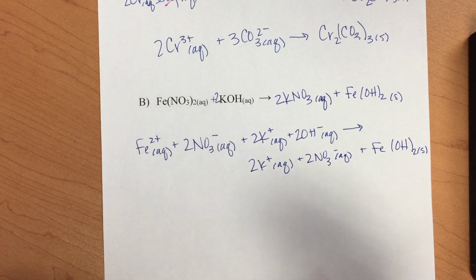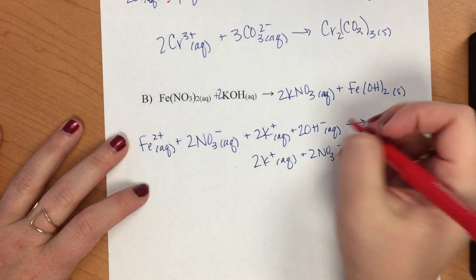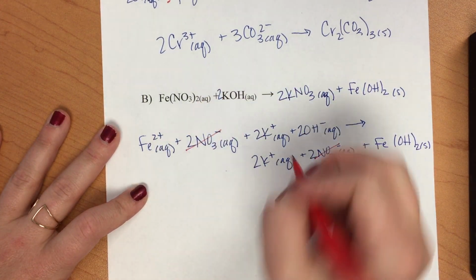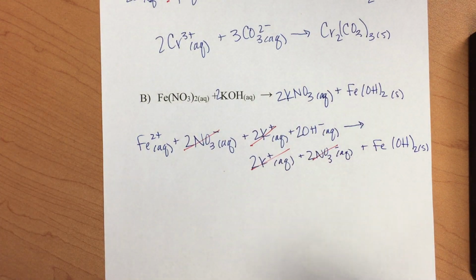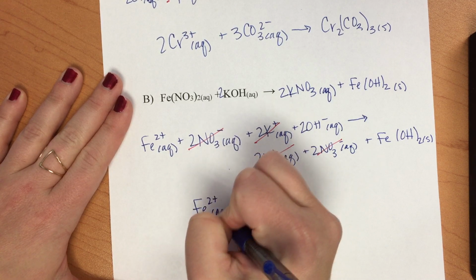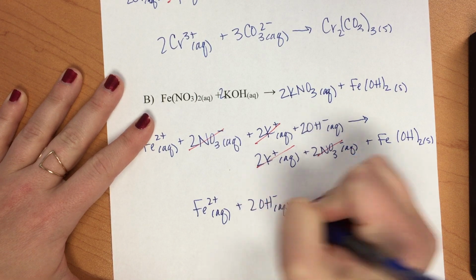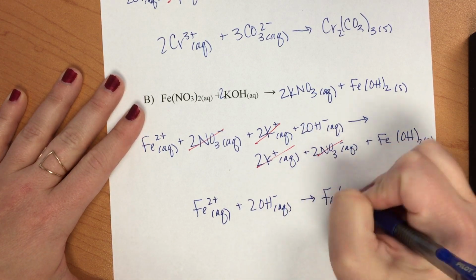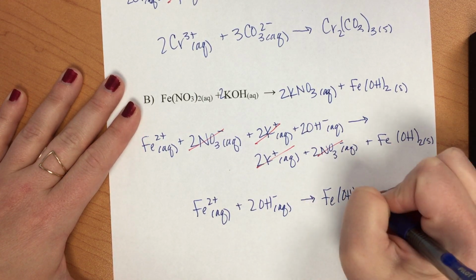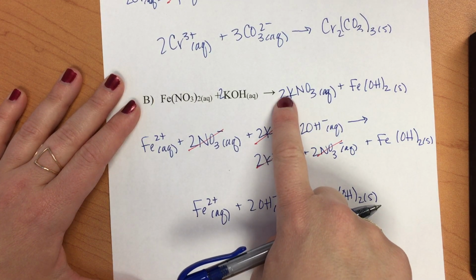Again, we're going to mark out anything that's on both sides so we can determine our net ionic equation. The nitrate ions are the same, and the potassium ions are the same. So our net ionic is going to be Fe2+ aqueous plus 2OH- aqueous goes to Fe(OH)2 solid. So this is the net ionic, this is the complete ionic, and this is the molecular equation.